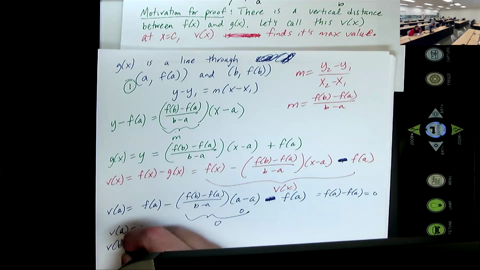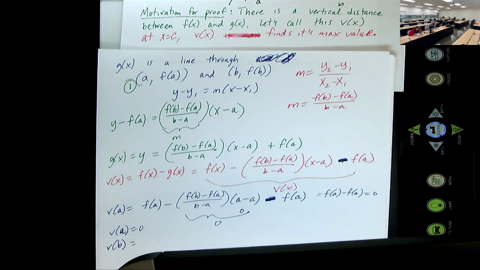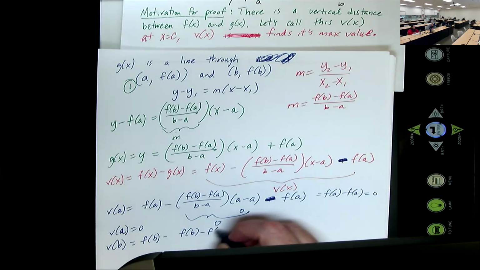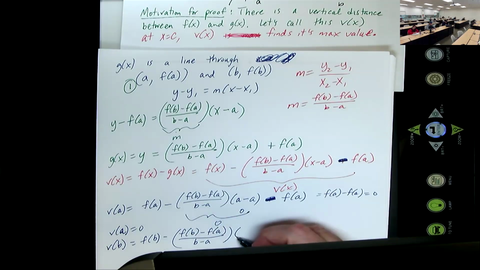What about b of b? We have f of b minus f of b minus f of a over b minus a, replacing x with b, so b minus a there, minus f of a.